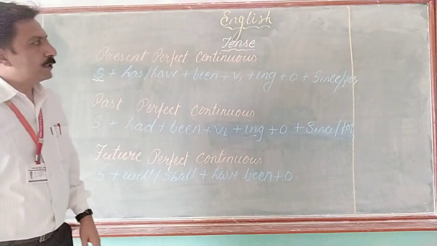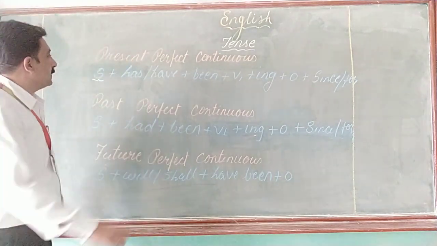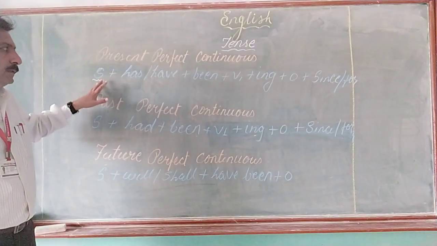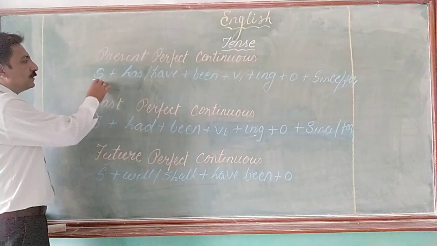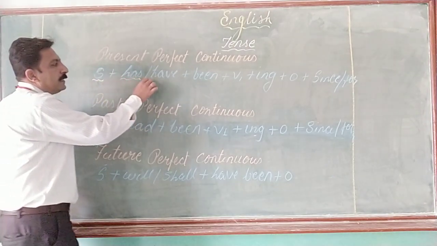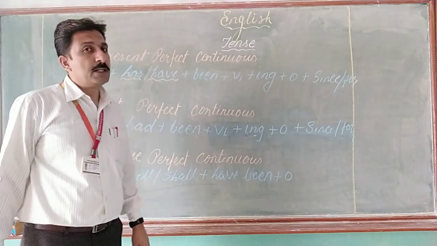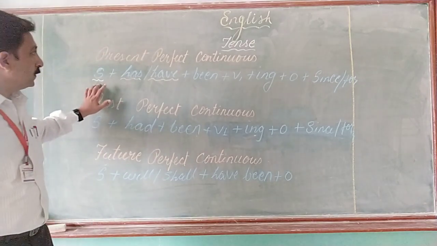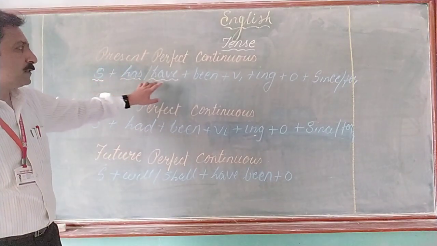Now let us see the structure of this present perfect continuous. First of all, as usual, subject comes in the beginning. This is subject plus has or have. It was in present perfect also, if you remember. So here also it is present perfect, so we have used subject plus has or have.